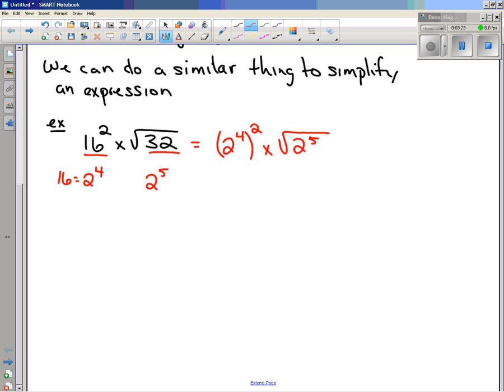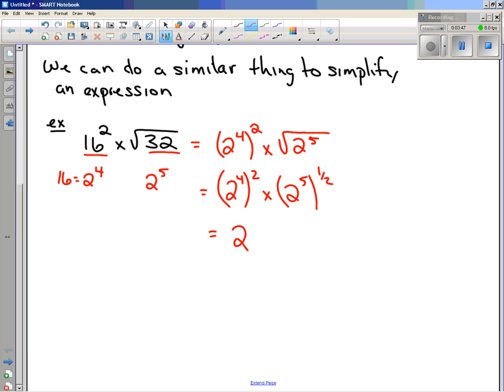Now we could take that square root and turn that into a fraction. So we can say that's 2 to the power 5, 1/2. And we could still do 2 to the power 4 squared. Okay. Well, right here, these look like power of power rules from kind of way back.